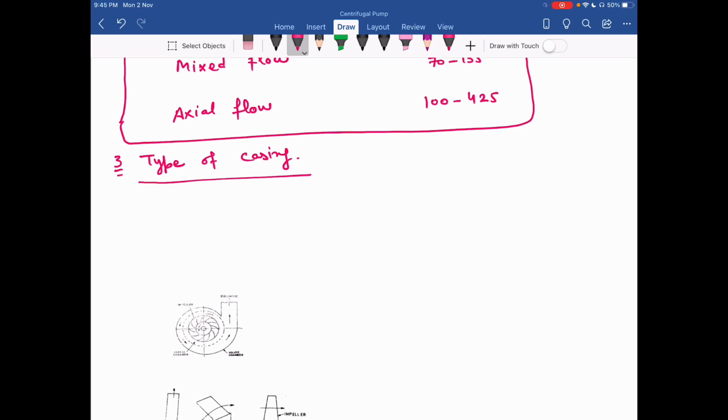One is the volute chamber pump, or simply the spiral chamber pump. That is something like I have an impeller, which is surrounded by a casing.